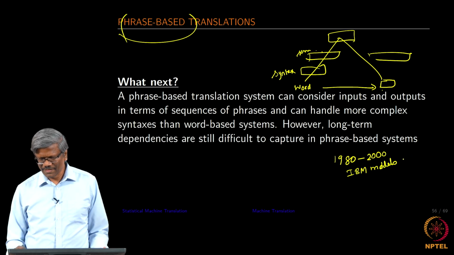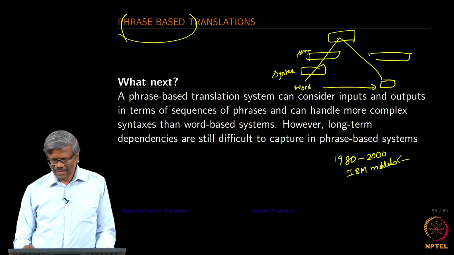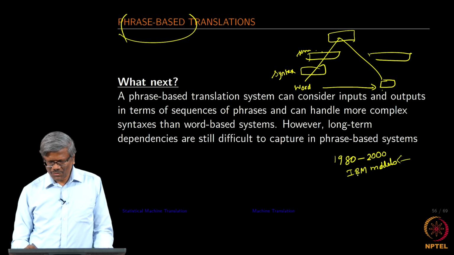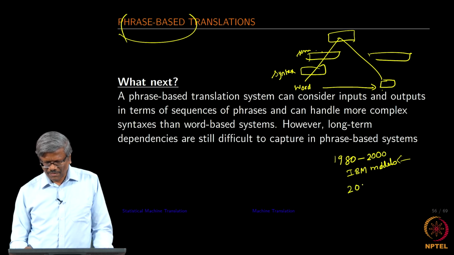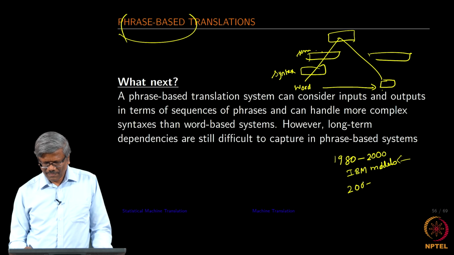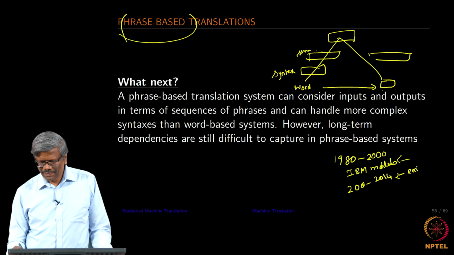They were not very successful in doing the translation, and then in the early 2000, I am not sure when, until 2014, these are the early neural net models.